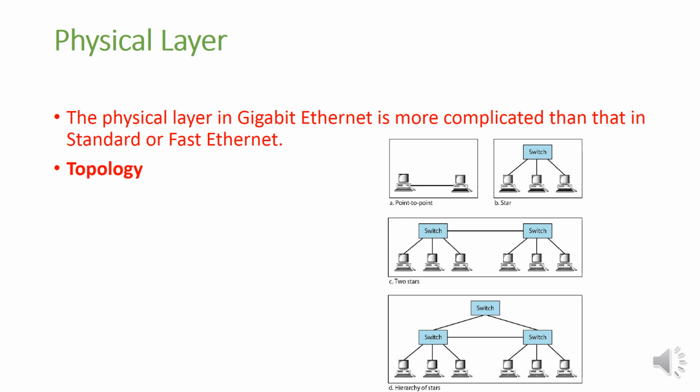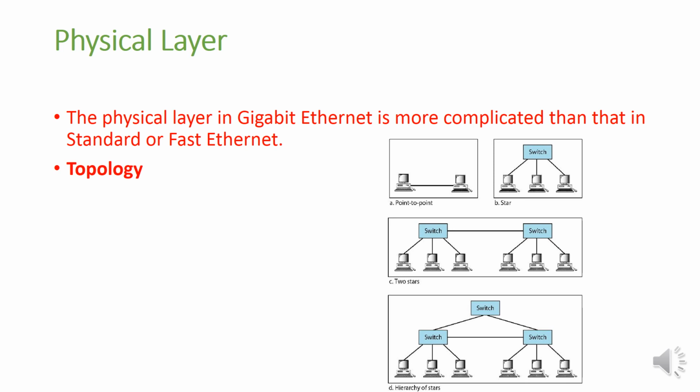Next comes the physical layer. The physical layer in gigabit Ethernet is more complicated than that in standard or fast Ethernet. In the MAC sublayer, while designing, we are not at all modifying the MAC layer. But the physical layer in gigabit Ethernet is more complicated than that of standard Ethernet.